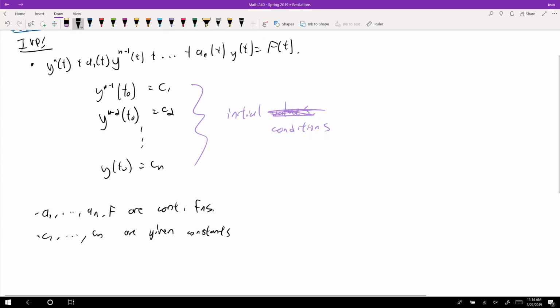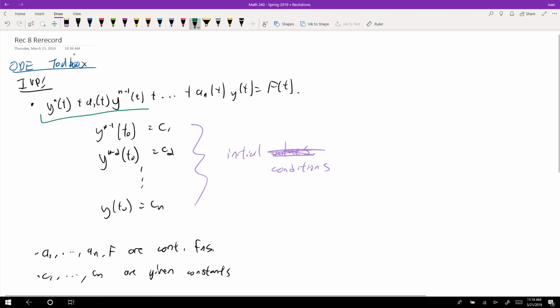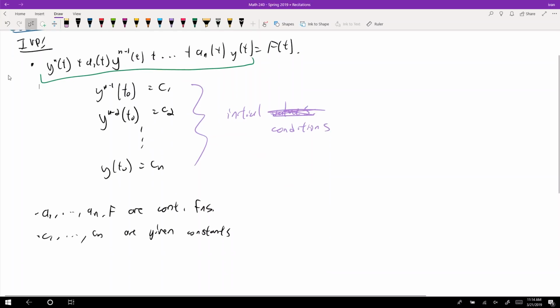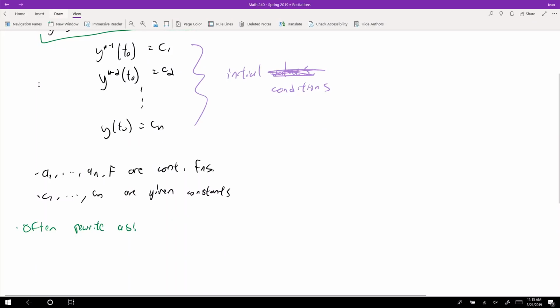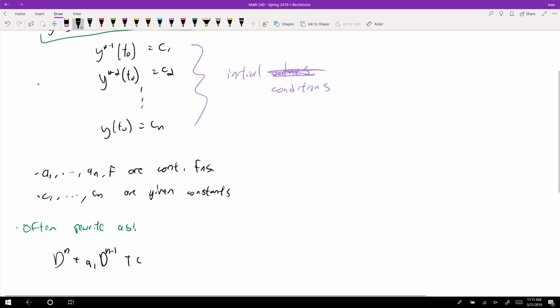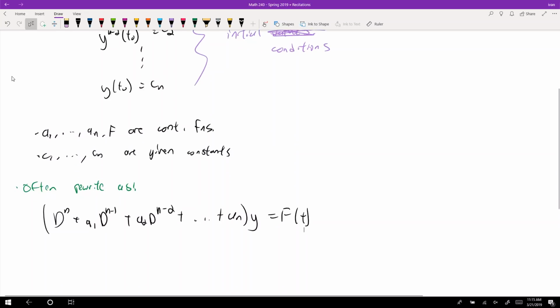Now we have this differential equation, and we often rewrite this part of it using the derivative operator instead: D to the n plus a1 D to the n minus 1 plus a2 D to the n minus 2, plus dot dot dot, plus an, applied to y, is equal to f(t).